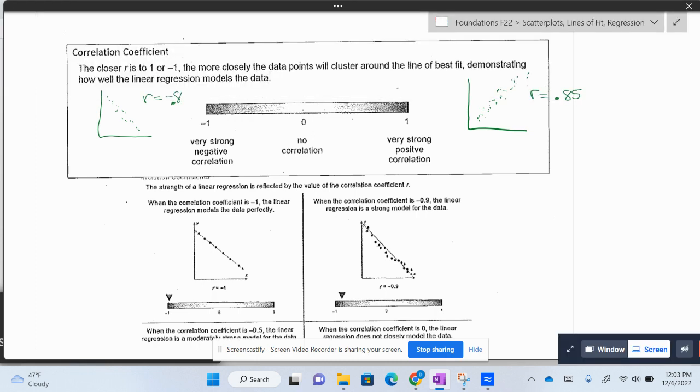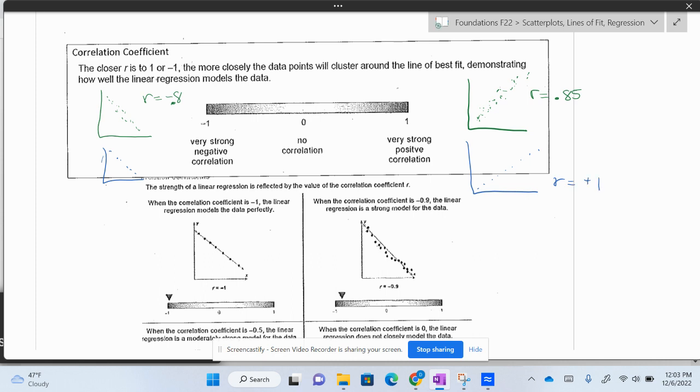I want to show you what a correlation coefficient of +1 looks like, and a correlation coefficient of -1. What can I do with those dots? You guys see them even? Probably not. What could I do with those dots? Yeah, I could draw a straight line through them, and it would have a slope of 1.